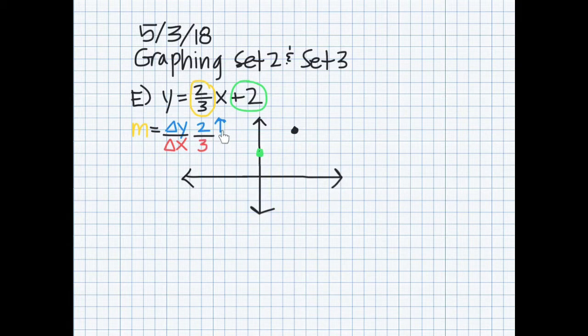If I went up 2 the first time, to get over this direction, I'm going to go down 2, and then left 3, because that 2 and 3 has to be consistent. So I'm going to make another dot here, and when I do that, I see that I've got a straight line, and this straight line represents my equation.